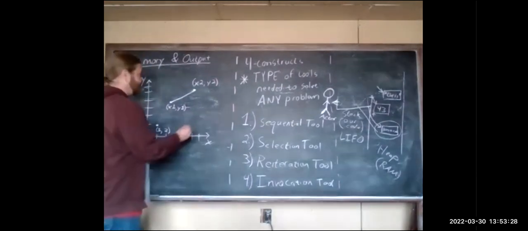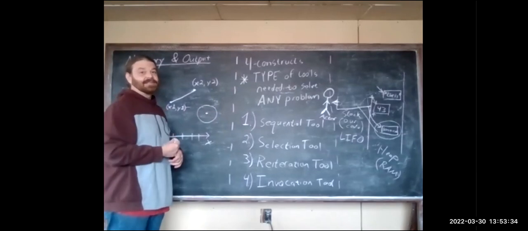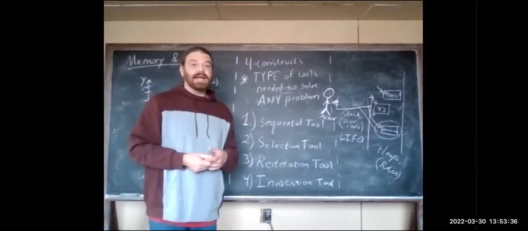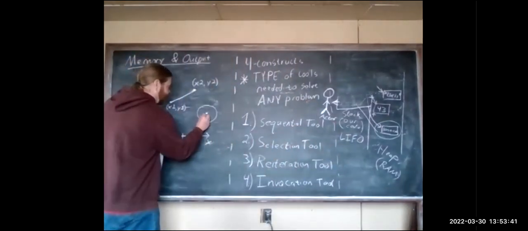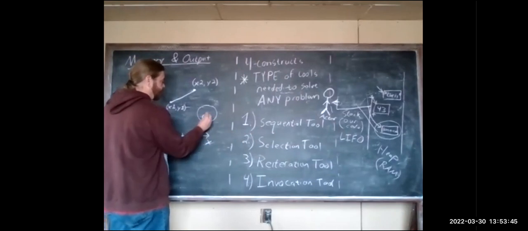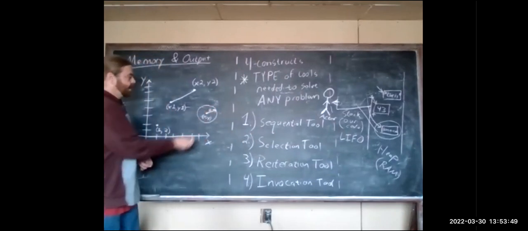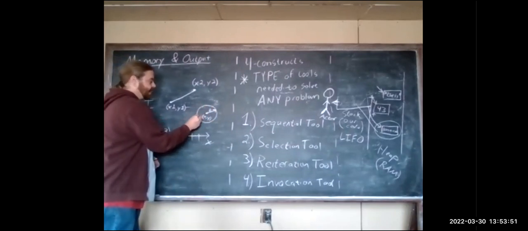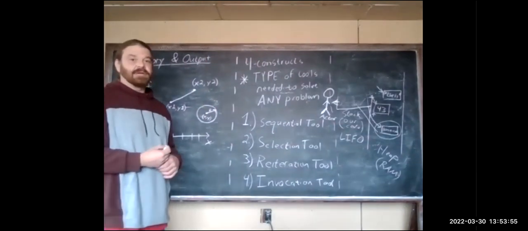A circle, that's almost the definition of a circle, or exactly the definition of a circle, is all the points equidistant from a central focus. So we have our central point, an XY point, and then some radius, and then the circle is everything that's that radius away from the center.